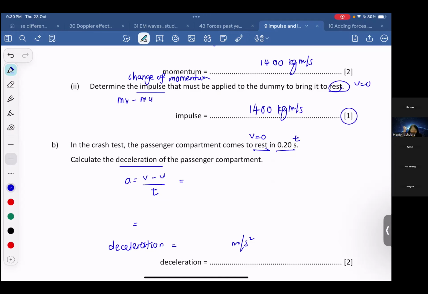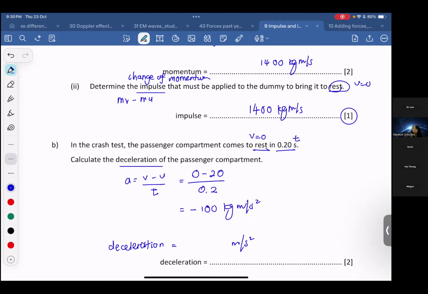Crystal, this is acceleration, correct. But what is deceleration? So here, come to rest 0 minus initial 20, divided by time 0.2. Your answer, you will get negative 100 kg meter per second square.